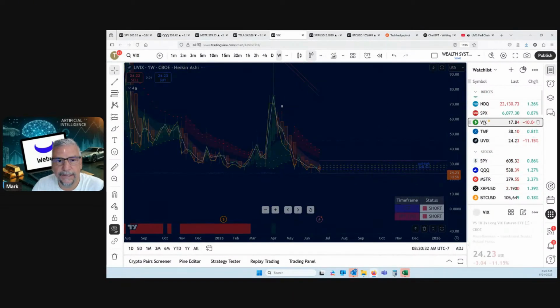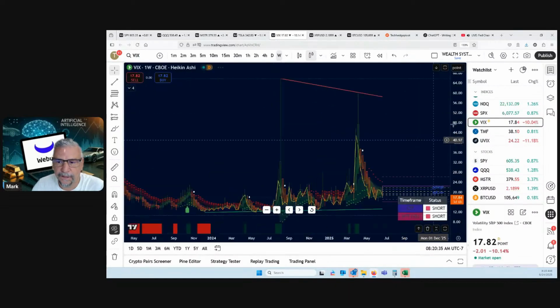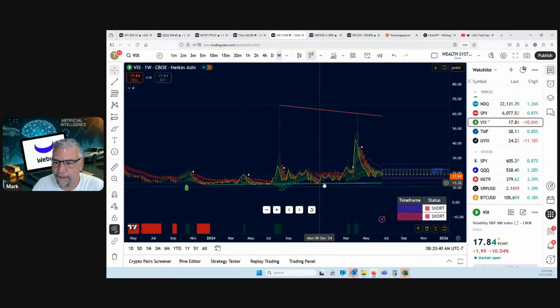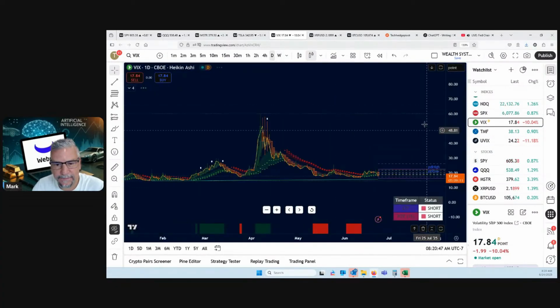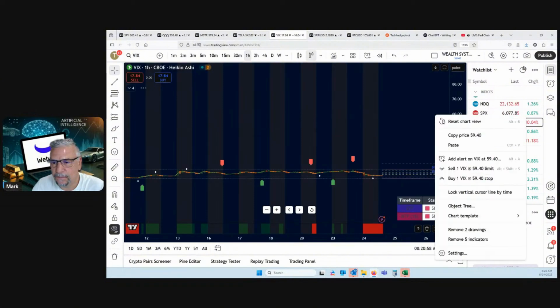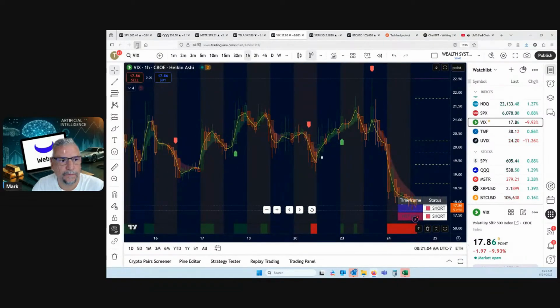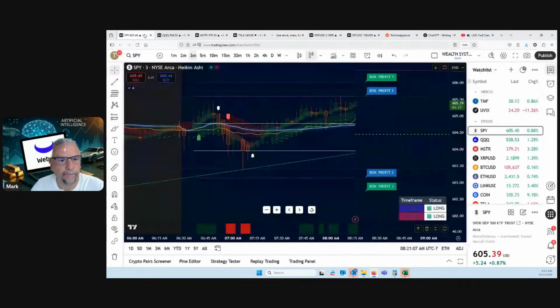And if we look at the VIX, you can see there's a lot of support here at about the 13, 14 on the weekly candles. Now, if you look at the daily, you can see lots of support right at about the 15, 16 level. And on the 1 hour chart, very, very interesting.